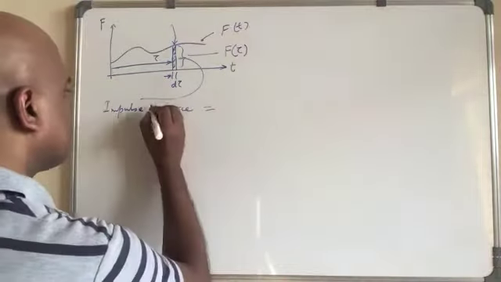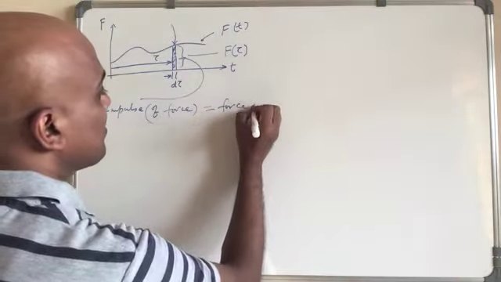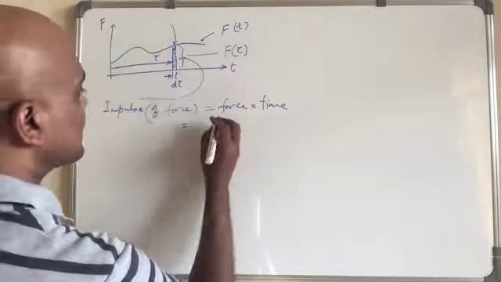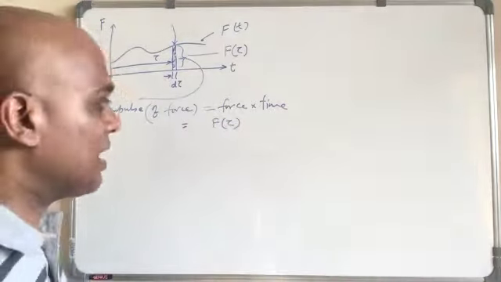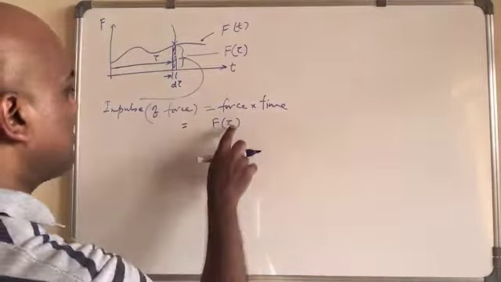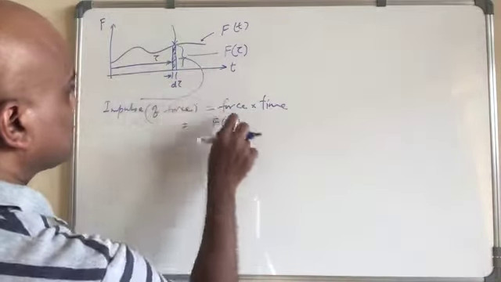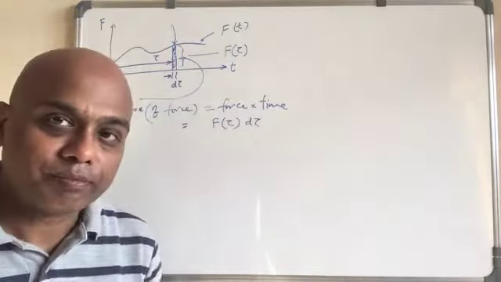The impulse is given by force multiplied by time, and here the force is F(tau), F at t equal to tau, multiplied by time d tau, like this.